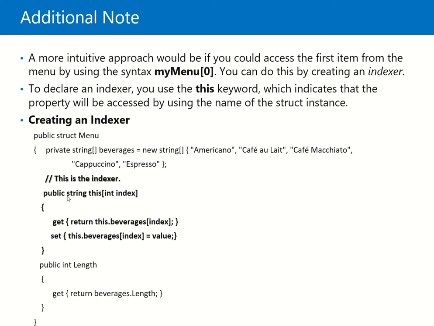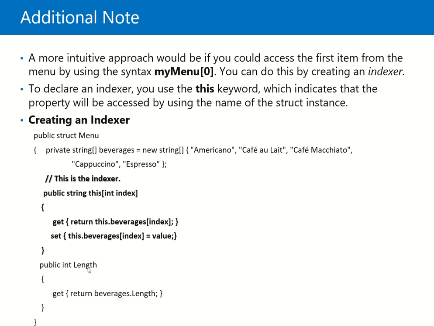So you can use the indexer; this in this case is the structure itself, when you instantiate the structure. Now this is optional, you can add another property called length.